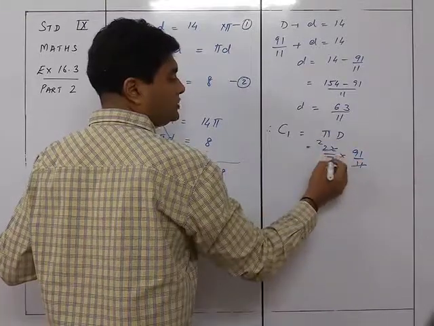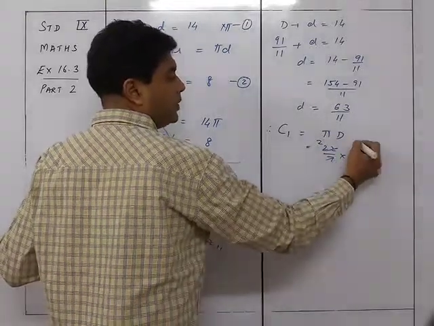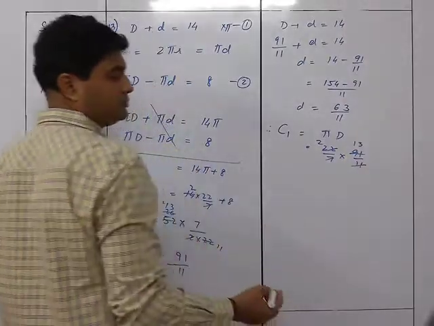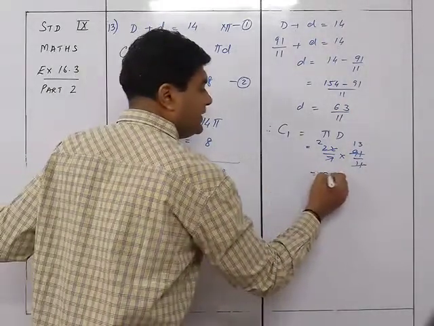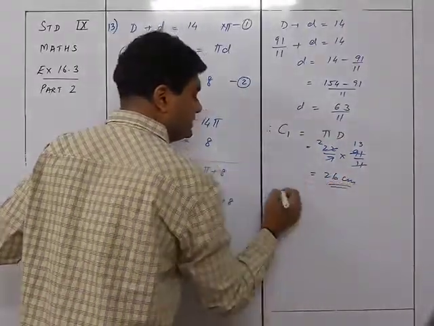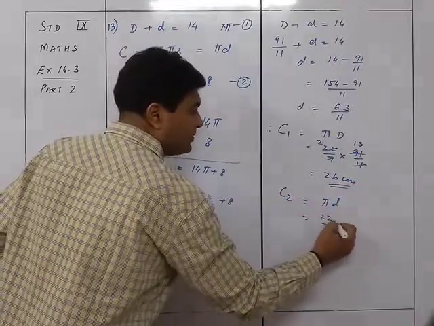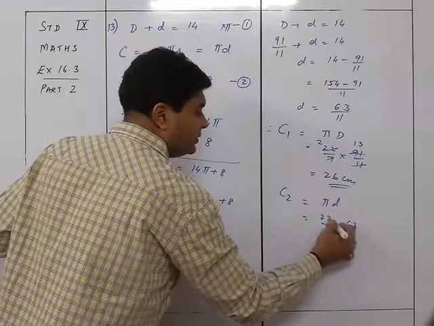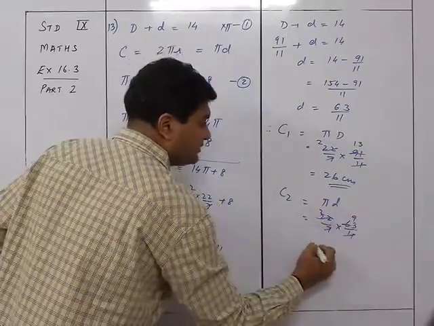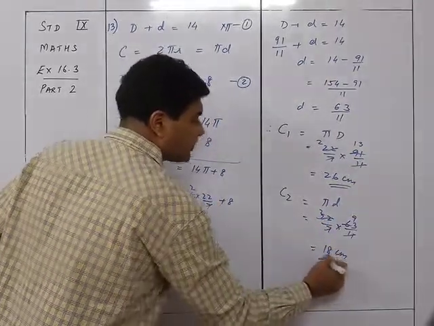So that will be 2 and 7 and 13, 91. So that will be 26 centimeters. And C2 is equal to pi small d is equal to 22/7 into 63/11. So that's 2 and this 9 is equal to 18 centimeters.